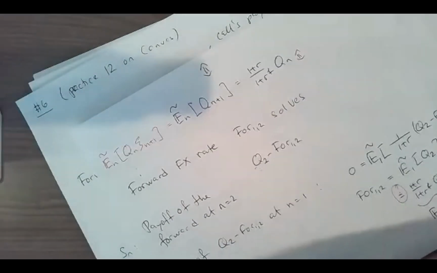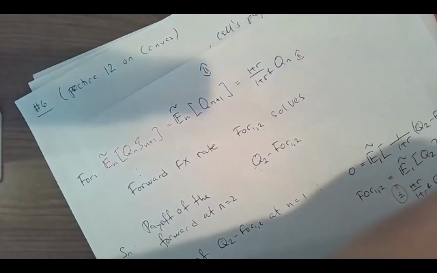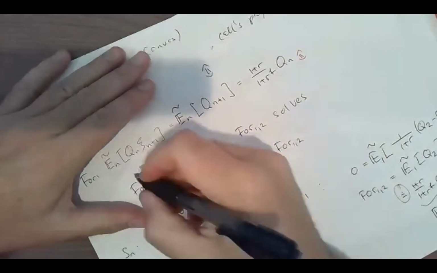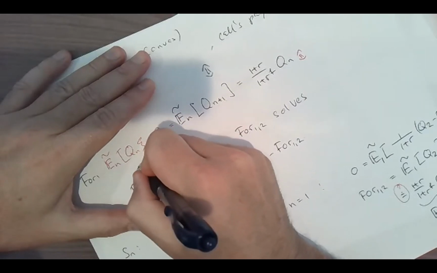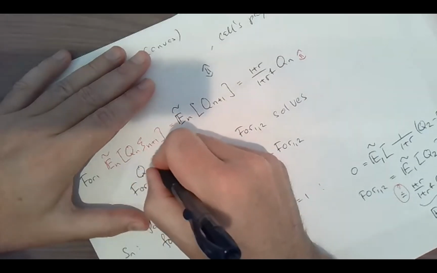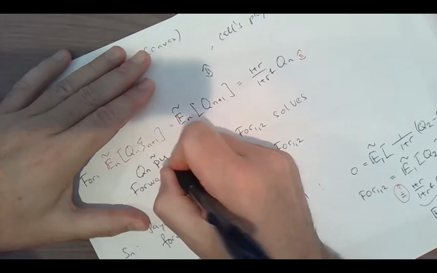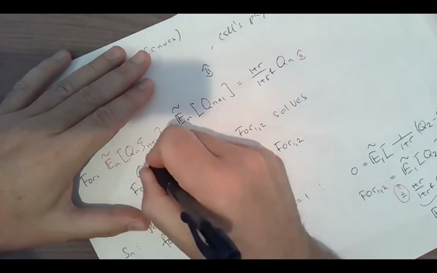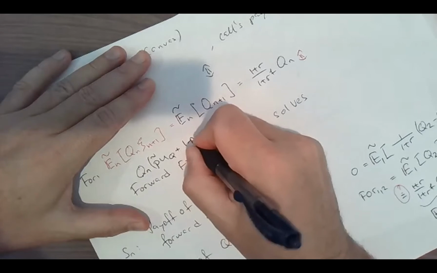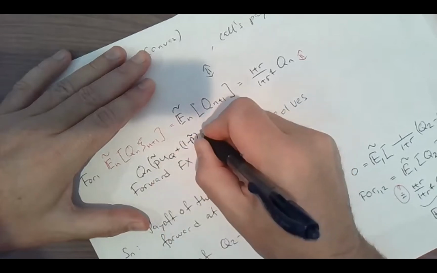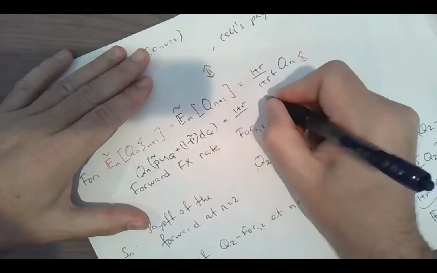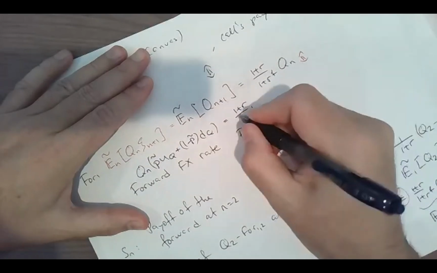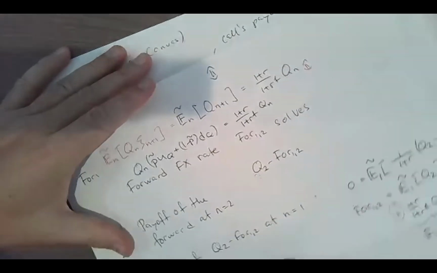Well, let's take it in 2 steps. This will be Qn, and then P tilde, and then we call it UQ, plus 1 minus P tilde times DQ, that's equal to this 1 plus R divided by 1 plus RF times Qn.